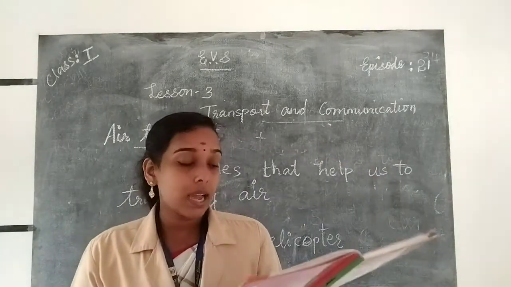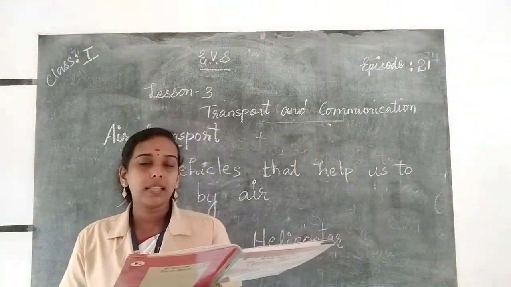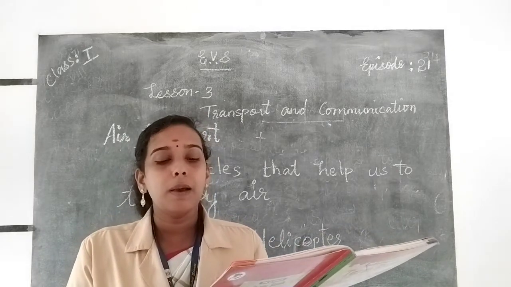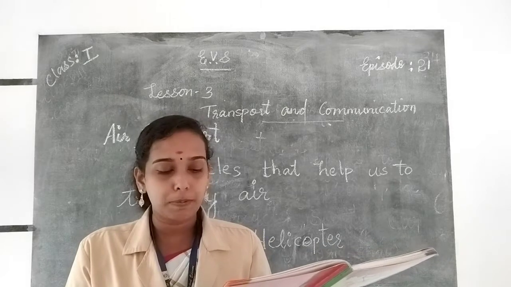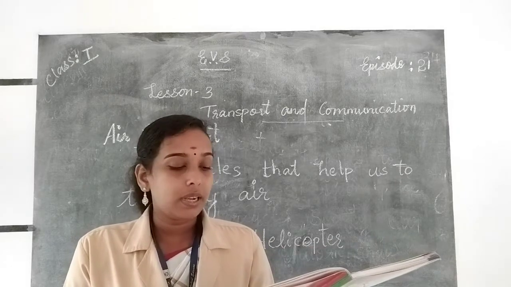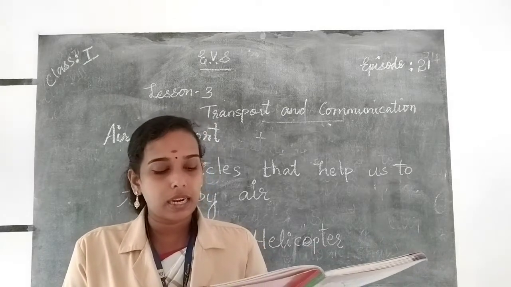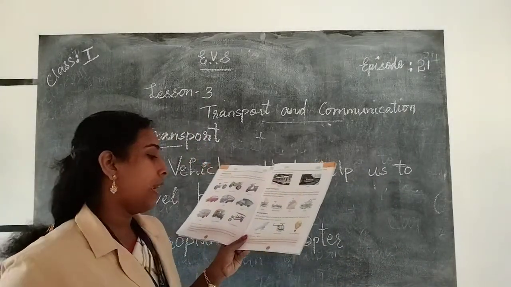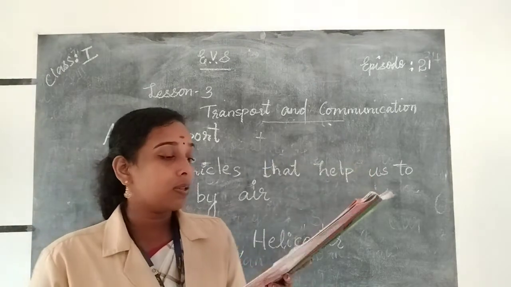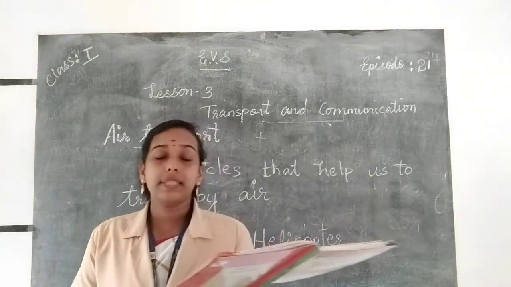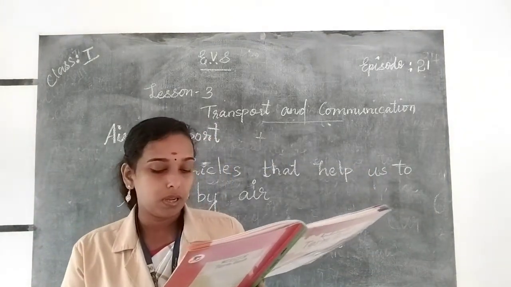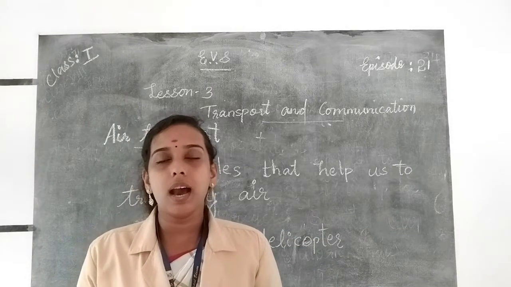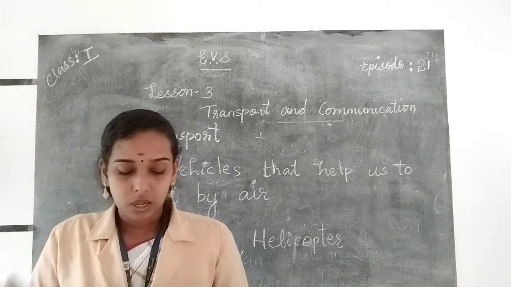Then air transport, vehicles that help us to travel by air are called means of air transport. We have different means: aeroplane, helicopter, hot air balloon. So these are also examples for air transport. So air transport means vehicles that help us to travel by air are called air transport.